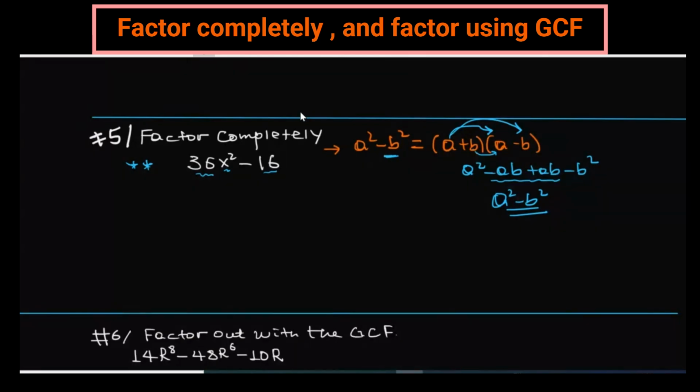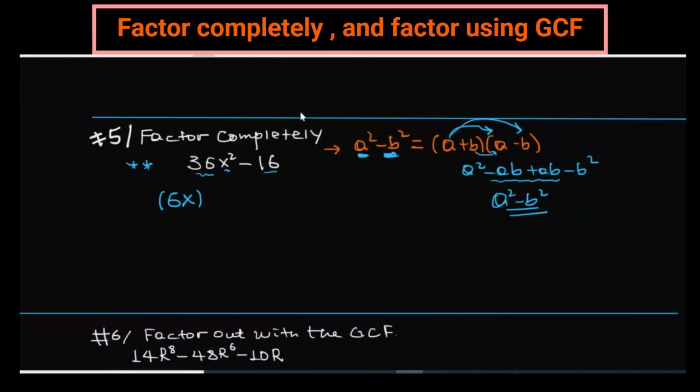So what I can do is try to write all these numbers in a and b form. Basically I have to find representatives of a and b. So for 36 it's just 6, right? Because 6 squared is 36, and for x squared it's x. Okay, so what I have to do now is be careful.